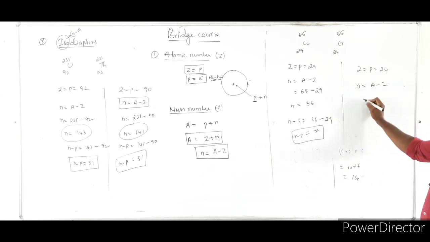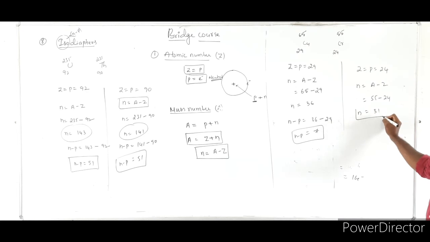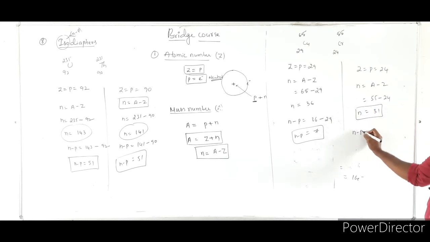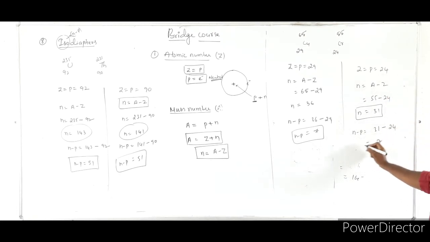A minus Z: A is 55, Z is 24. Then the difference is 31. Then the n minus p value, this is the n value. Find the n minus p value. N minus p is equal to 31 minus 24, that is equal to 7. So n minus p is equal to 7.